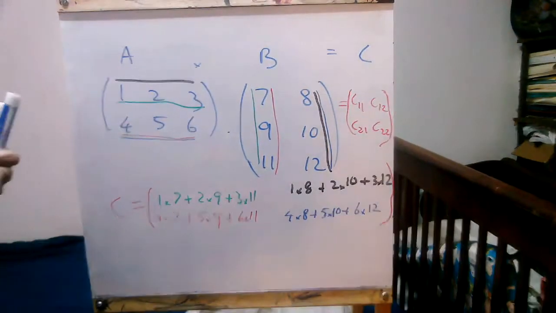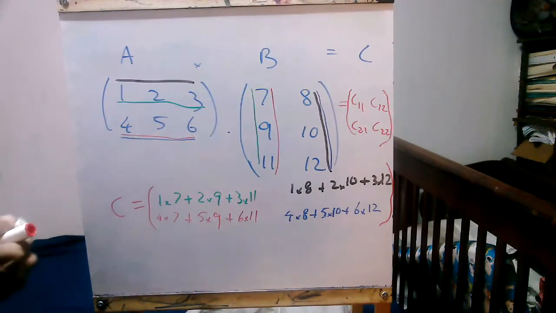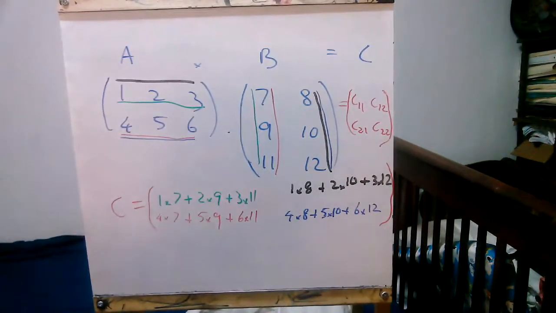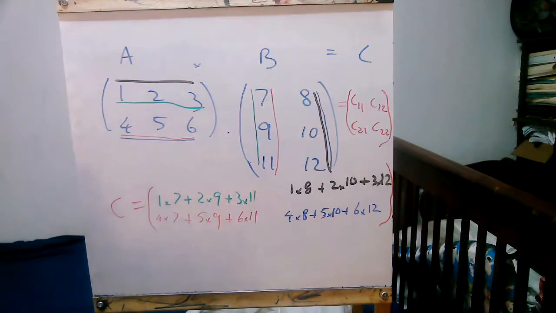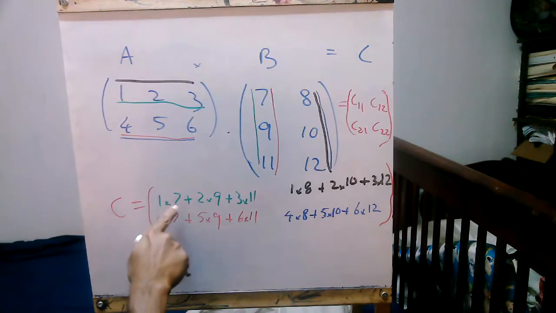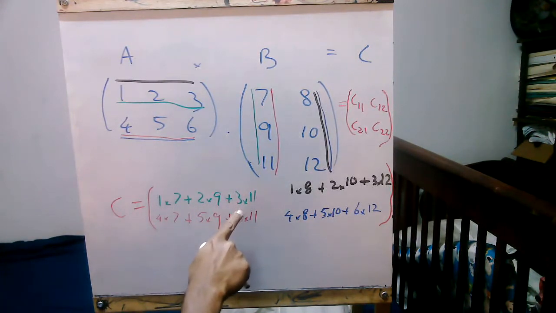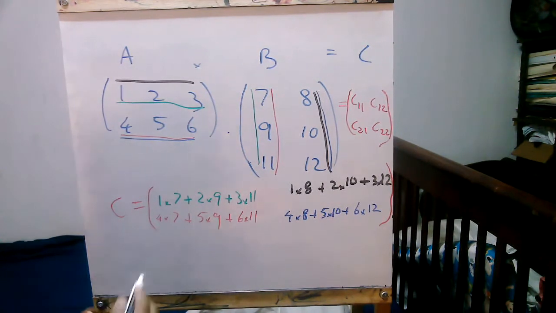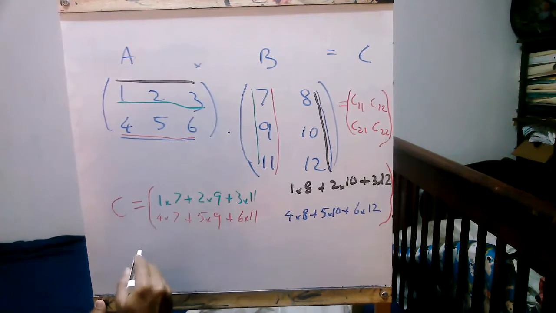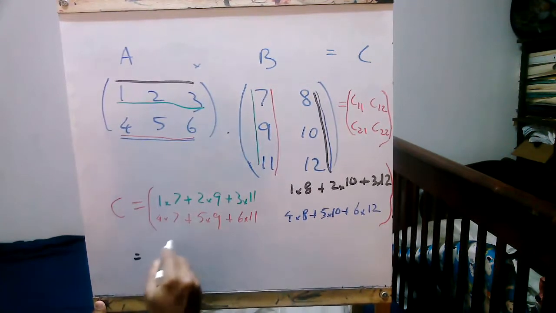Alright, so we can simplify this a little bit. I'm writing everything in one color. 7, 2 times 9 is 18, 3 times 11, 33. If you add these together, you should get 58.